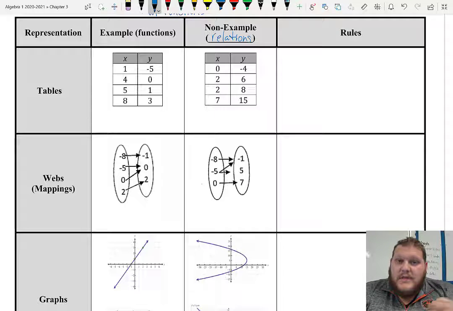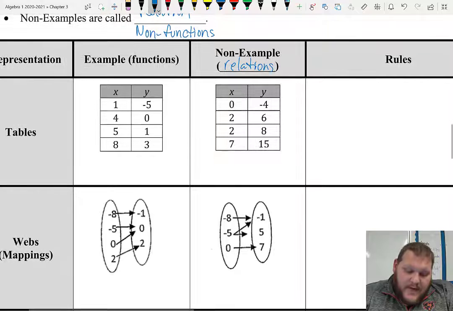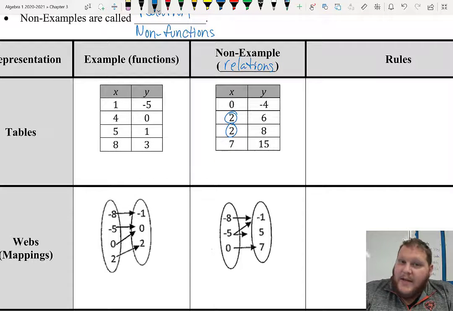So if we look at our table we looked at yesterday for our Desmos activity, where we saw functions versus not functions, again, we're looking for those times where our input goes to two different places. So what you want to key in on for our table is you're looking for spots where my x value repeats. So I have two of the same x values, my inputs, but they go to two different places. So in this non-example here, this 2 going to 6 and going to 8 is what tells me that this is not a function.